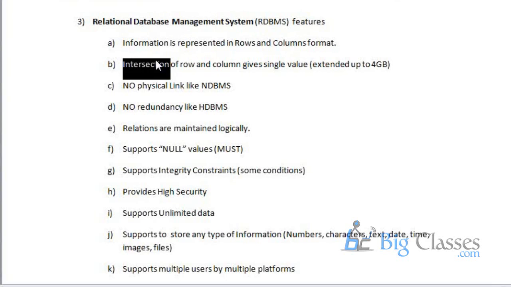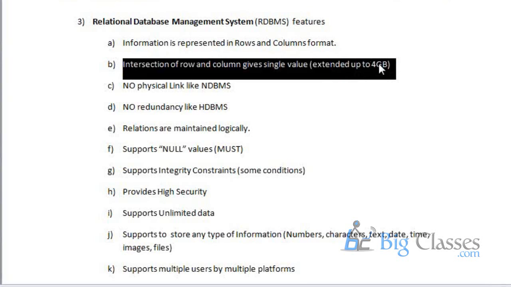Like that, in a particular cell in a database, you can represent about 4 GB of information. It means in one particular cell, you can store around 4 movies, that is 4 videos, of capacity 4 GB.